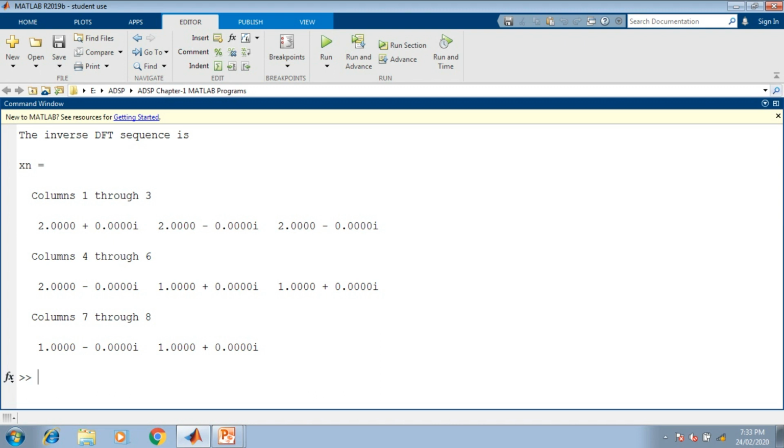The first two elements are 2, the third one is also 2, the fourth one is also 2, as the imaginary part is equal to 0. For the fifth one, we have 1.0000 plus 0.0000 times i, so this is also 1. The next one is very similar, also 1, the real part, and the last two are also 1. So we obtained the 8 elements where the first 4 are equal to 2 and the rest of the 4 are equal to 1.